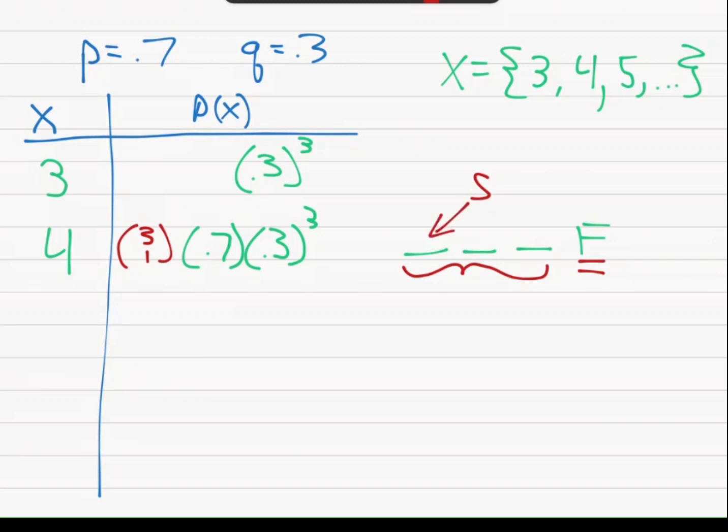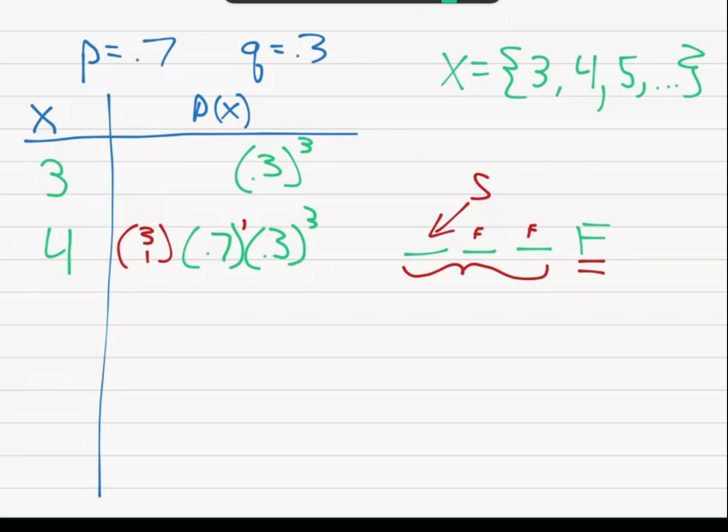If I've picked the S to go in the first slot, then we'd have an F and another F, or F-bomb, and that would be how it finished. So the S could go in any one of these 3 slots. So I have 3 choose 1 times 0.7 to the first power, that will help us discover the pattern later, times the 3 F-bomb rides at 0.3 raised to the 3rd power.